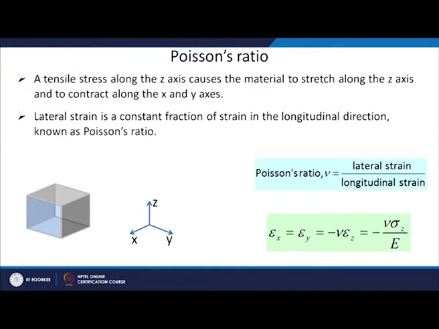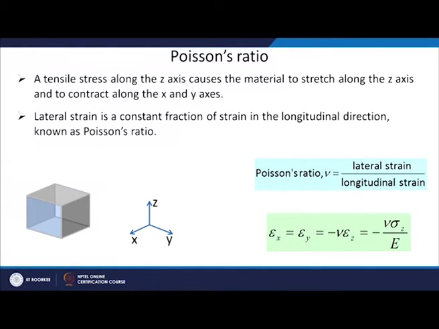So, when I am stretching along the z axis, there has to be contraction along the x and y axis. The lateral strain, lateral meaning these two in the x and y direction, is a constant fraction of the strain in the longitudinal direction, that is in the z direction, and that is known as Poisson's ratio.